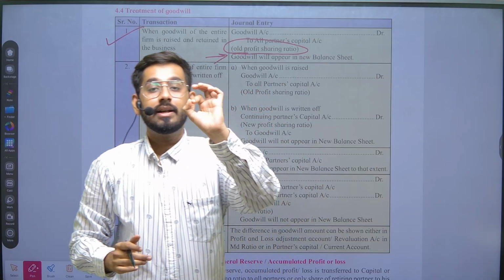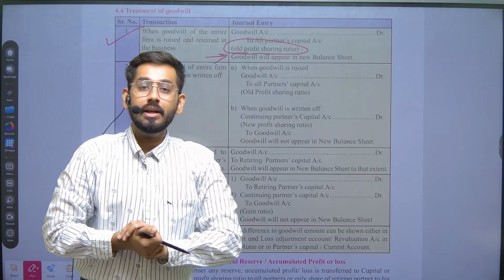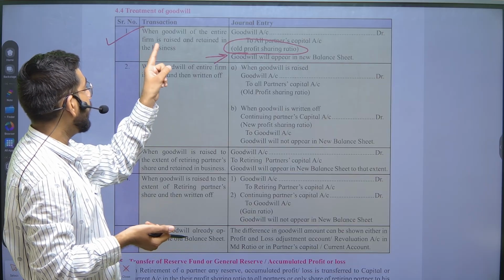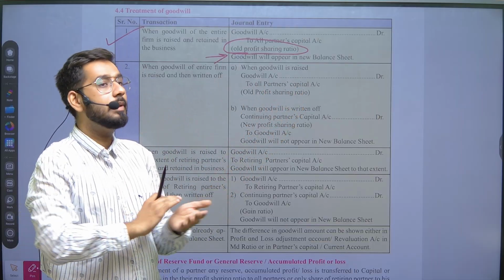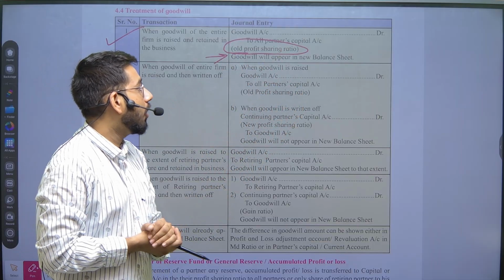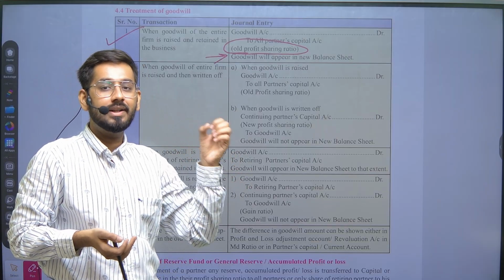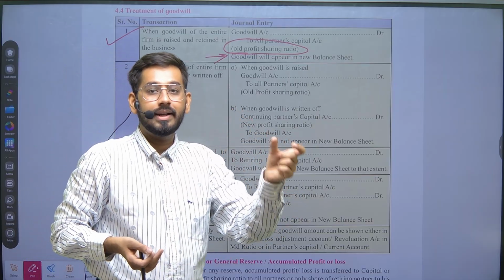That's why it is compulsory that goodwill will appear in the balance sheet. So the first case, the goodwill of the entire firm raised and retained in the business, and the entry will be passed, goodwill account debit to all partners capital account.